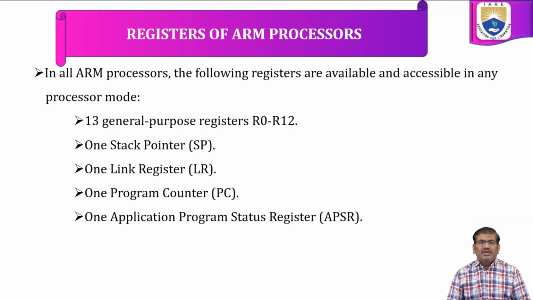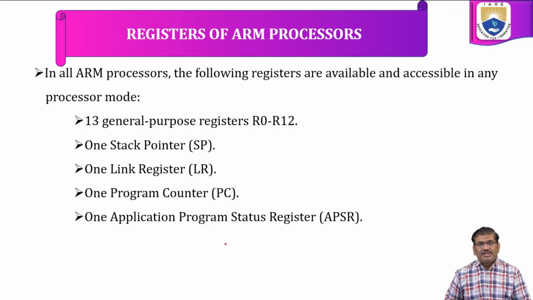In all processors, the following registers are available and accessible in processor mode. 13 general purpose registers, that is R0 to R12. R13, R14, R15 are for specific purposes, like the stack pointer, the link register, and the program counter.